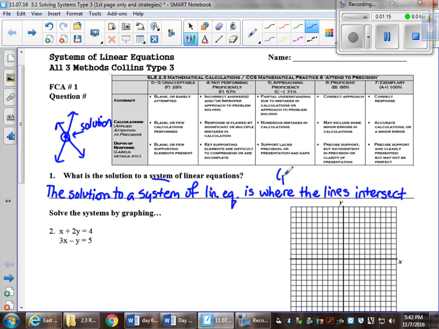So in parentheses, I'll put that, point of intersection.